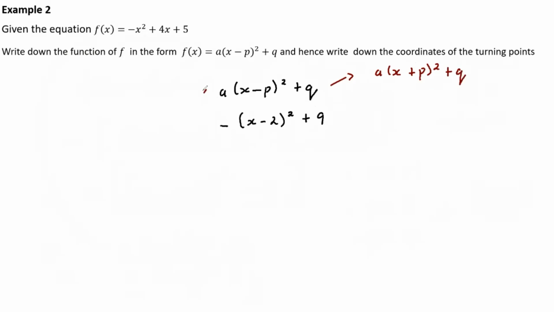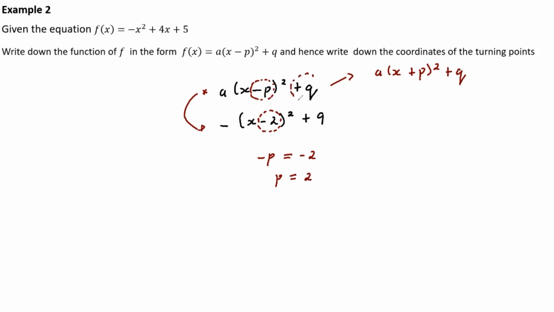I prefer this one, it's easier to understand. It's x minus p, then it's x minus 2. If you're struggling, just say minus p is equal to -2. That means p will be 2.